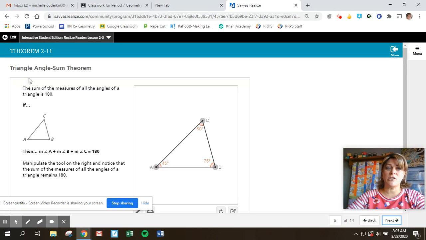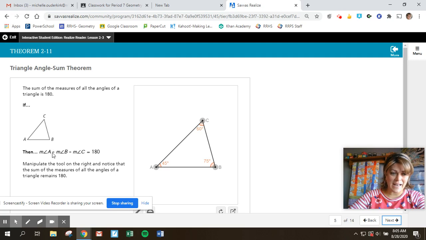Next theorem. This is the triangle sum theorem. A lot of people refer to it as the triangle sum theorem. This textbook says triangle angle sum because it's using the interior angles. So talk to your teacher, make sure you know which one they prefer, or maybe it doesn't matter. What the theorem says is that if you have a triangle, the three interior angles added together add up to 180.